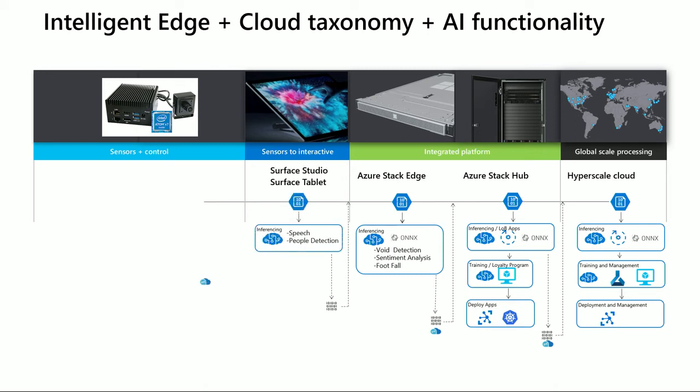With edge devices like the Surface Studio, you can also deliver interactions like people detection and speech detection. You get to see all of these when you visit our booth, so I highly encourage you to do that. You can also see how the IoT cameras are being connected there. But let's actually show it in action.